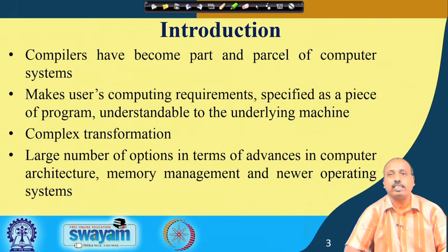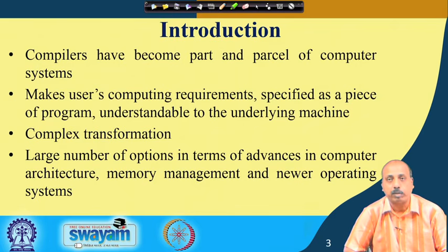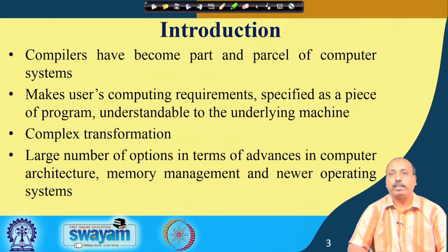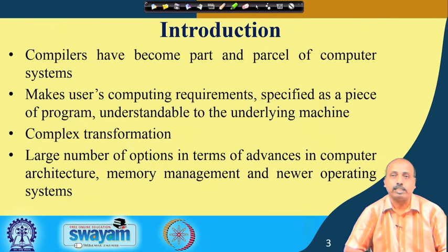In CISC architectures we have instructions which are pretty complex, and in RISC architectures we have machine level instructions which are very simple. But the main difference is that in RISC, the instructions are of equal size and take more or less the same amount of time for execution, whereas for CISC it is the other way. The instructions are of variable size and take different amounts of time for execution.